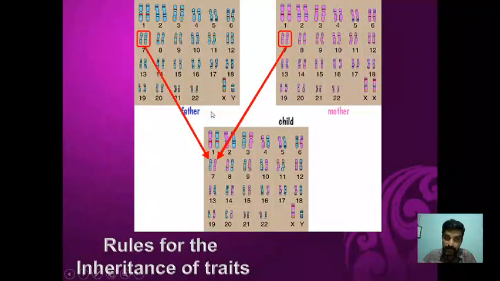That means out of 46 chromosomes, only 23 chromosomes are there in the sperm, and 23 chromosomes will be there in the egg. So in a pair, only one chromosome is inherited by the gametes, and when the gametes fuse in fertilization, the original number is restored. 23 from the male gamete and 23 from the female gamete, and it becomes 46.